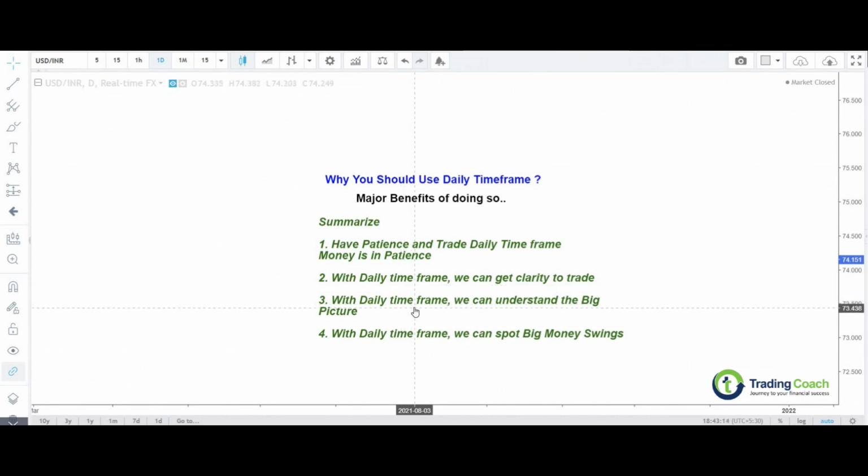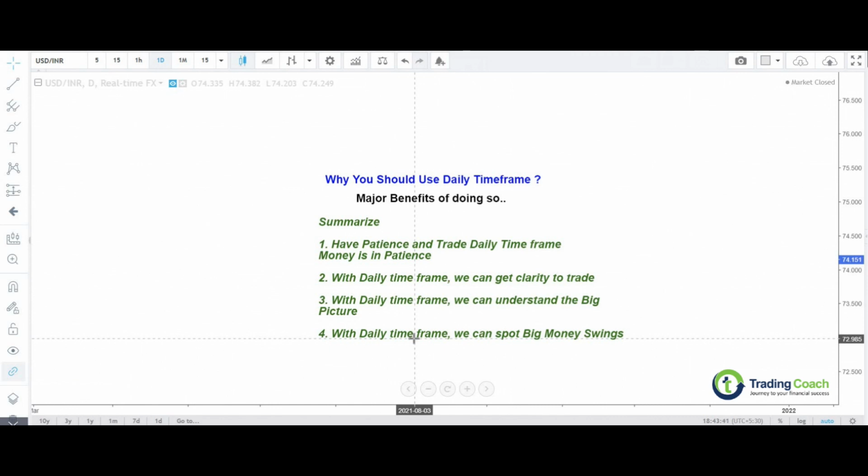And when you're using daily time frame, you will also get a good understanding of the big picture. We can understand who's dominating the market and how the structures are changing, and we can take our decisions with the big picture. And the fourth most important point is that when you're using daily time frame, you can spot the activity of big money players or big money swings.